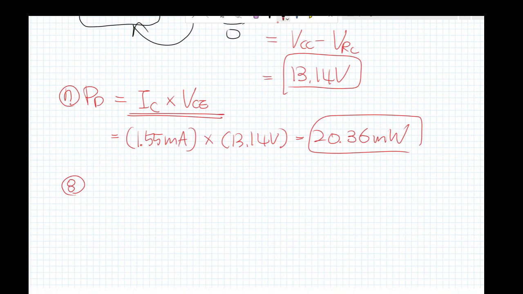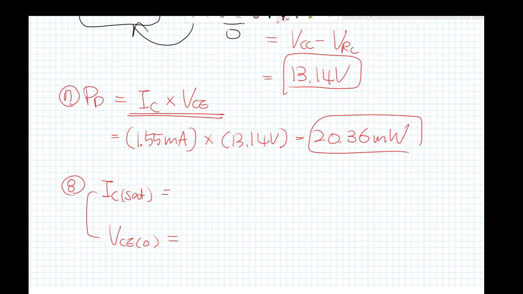Okay, so now we have 2 more. One is I sub C saturation, and the other is V sub CE cutoff. It depends on the circuit. They have different equations to find the cutoff, the CE voltage, and then I sub C saturation.